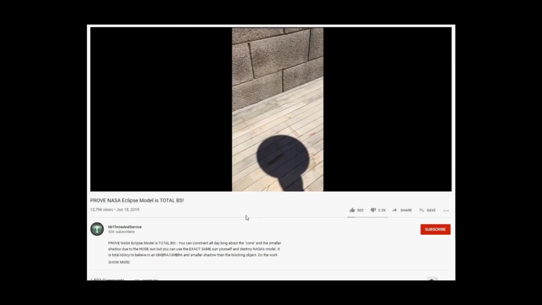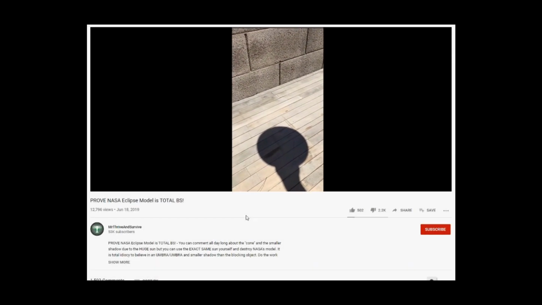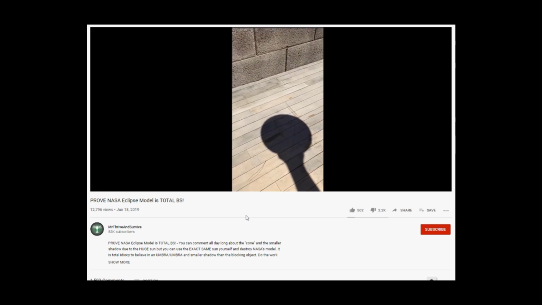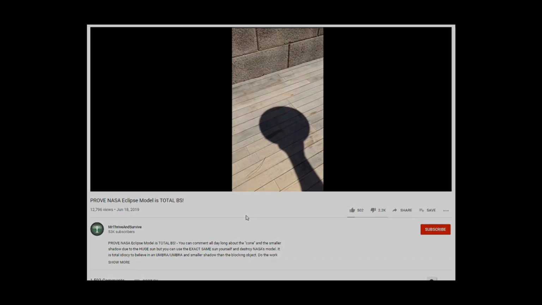So you can prove this yourself, that this whole cone, umbra penumbra, the sun is larger so it makes a smaller shadow. It's total freaking bullcrap.